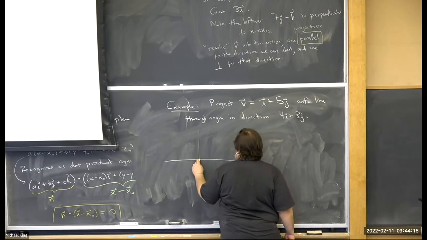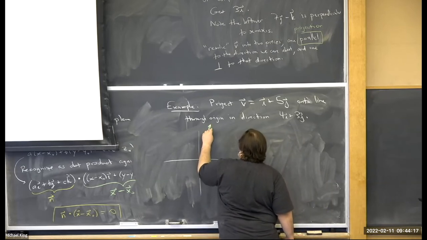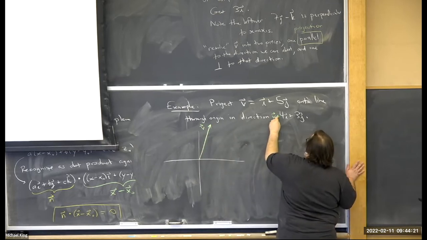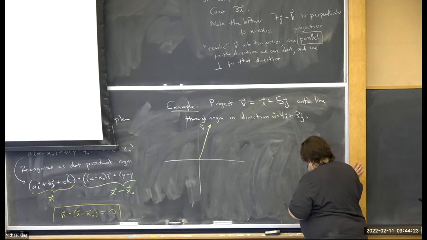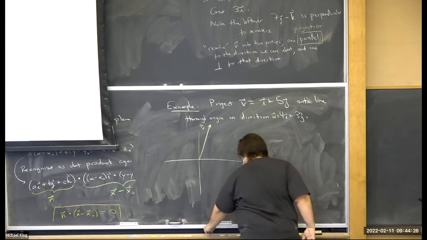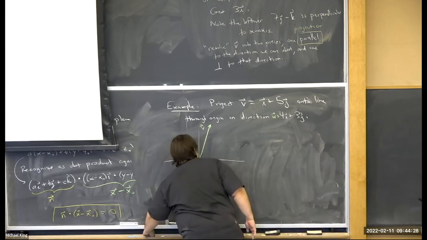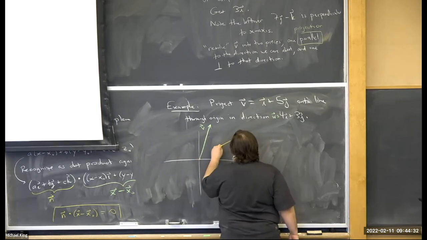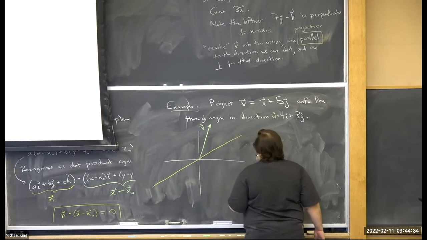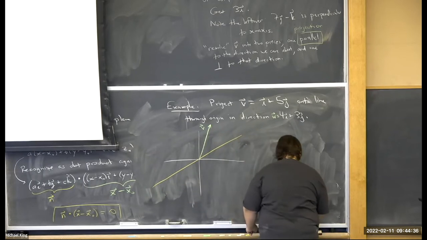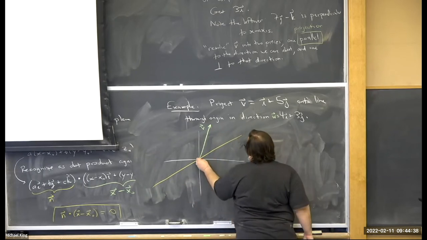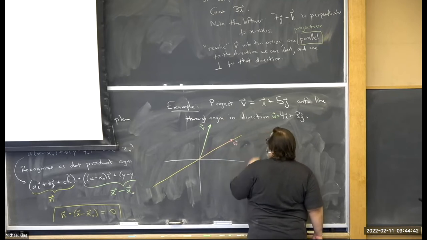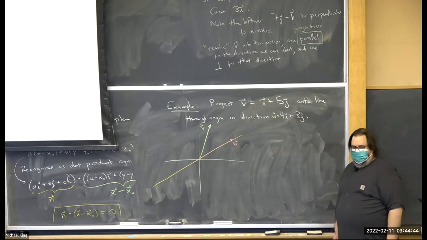so 1i plus 5j is some vector like that. So there's your v, right? Let's call this w. Our w is some line like that, containing the vector w. See what I'm saying?